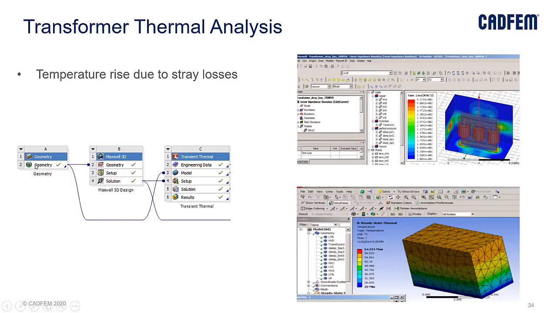Even the geometry from the design modeler is transferred with a drag and drop method to Maxwell 3D, as well as to the CFD and the structural analysis. So that is the beauty of Ansys, where you can simply use the drag and drop methodology. We do not need to export or import a file, or read or write a file. That is where we differ from the competitors.